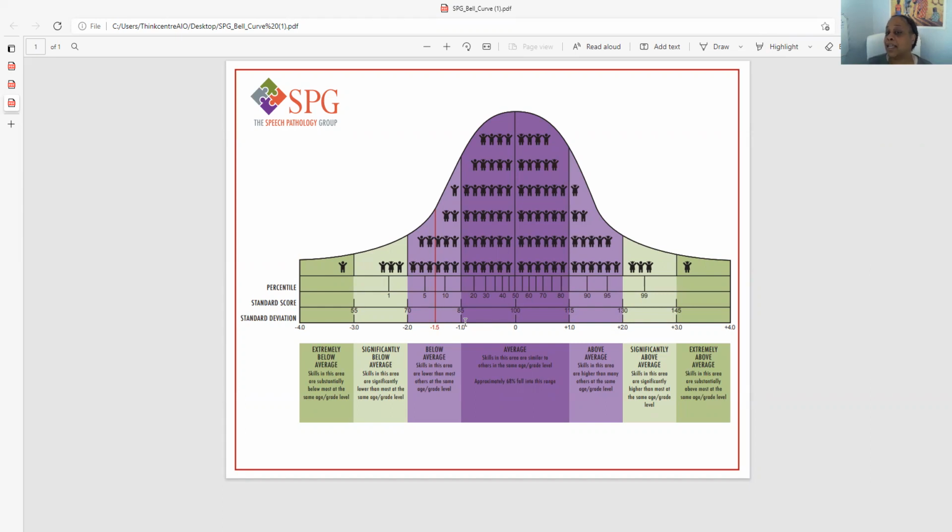I can get the derived score of a standard score. And if the standard score is consistently 85, 89, 90, 100, then I know that student is in the average range for the norm group, and in the average range in general performance. So I kind of know the student is here, right?